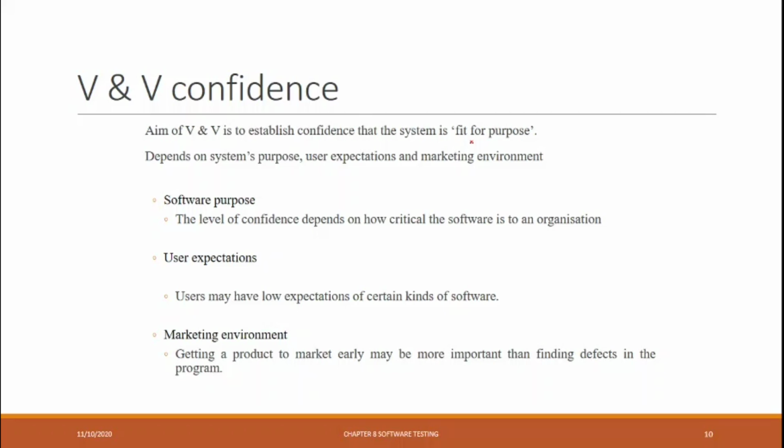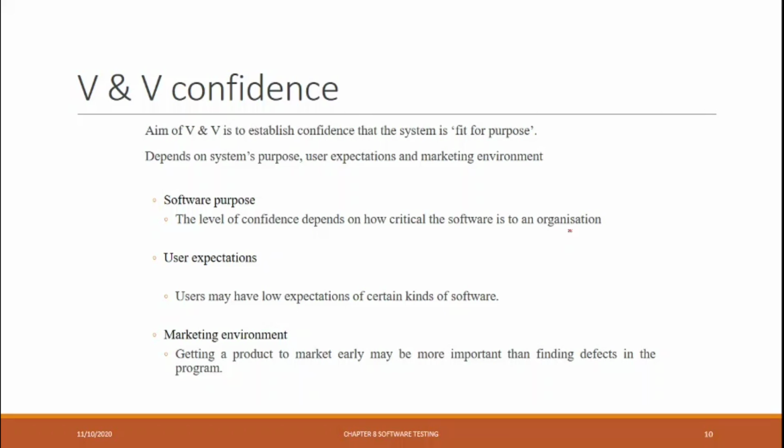It depends on the system purpose, user expectation and marketing environment. So software purpose, user expectation, marketing environment. Software purpose: the level of confidence depends on how critical the software is to an organization.